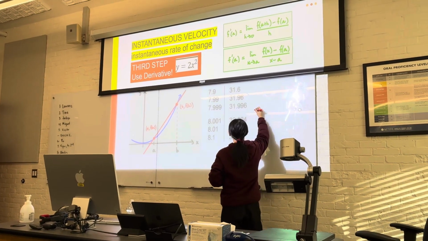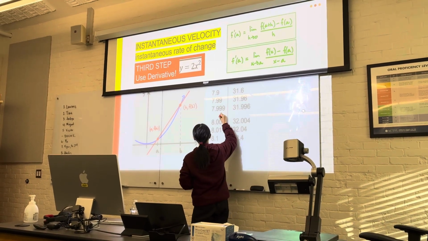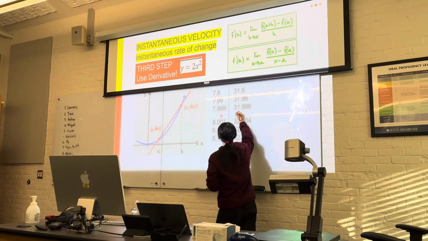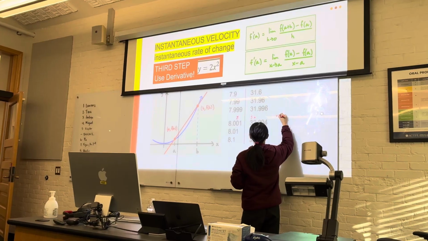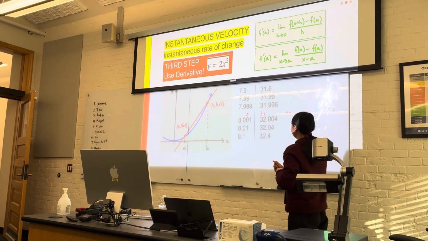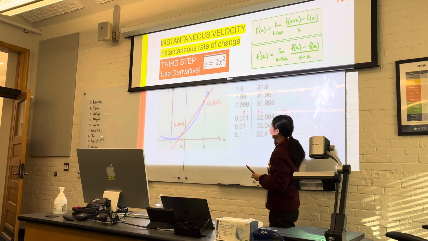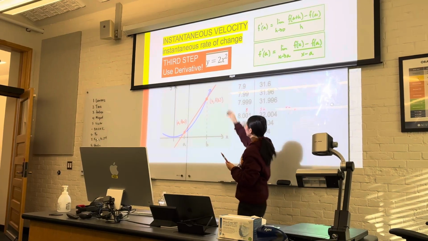So we can estimate that if B approaches 8, the instantaneous velocity at 8 a.m. should be 32 kilometers per hour. This is the unit. So congratulations, you find that this is the derivative of that formula.